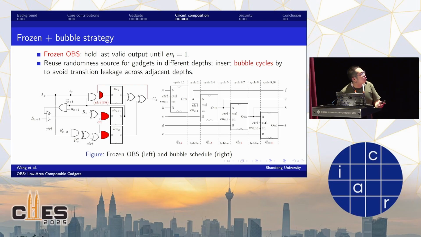So we can also reuse this randomness in different layers, but this may include more transition leakage. Thus, we insert bubble circuits between the different layers, so that we can avoid the transition leakage across adjacent cycles.